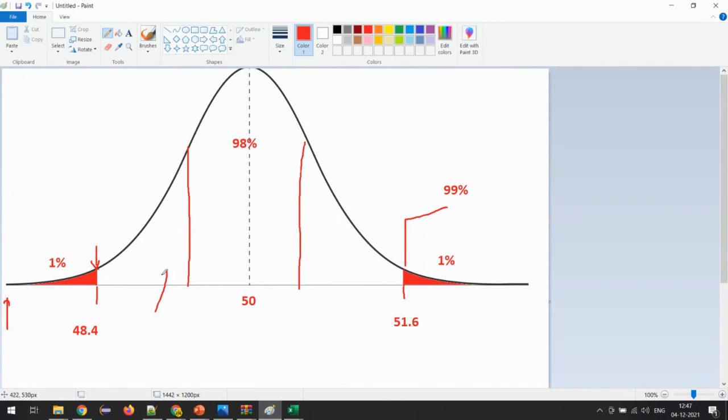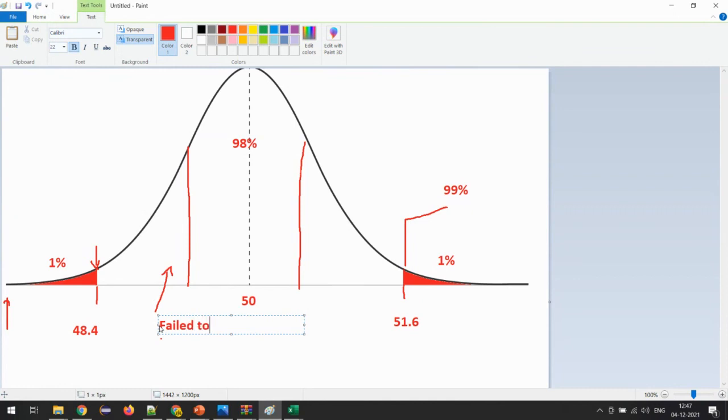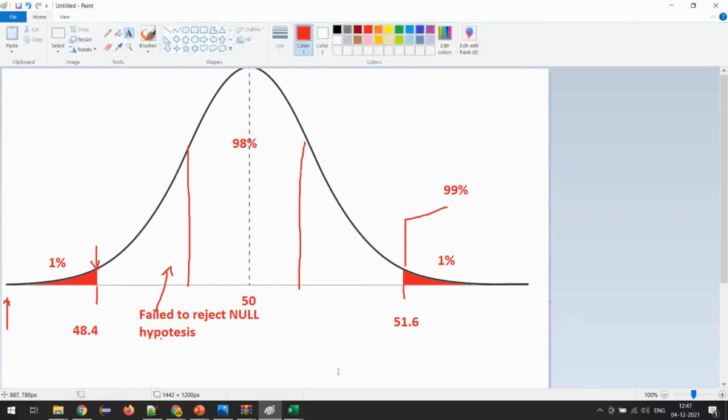This region is called fail to reject null. Right? Is that your question? Yeah, Claudia, it was my question. Thank you very much, it's much clearer.